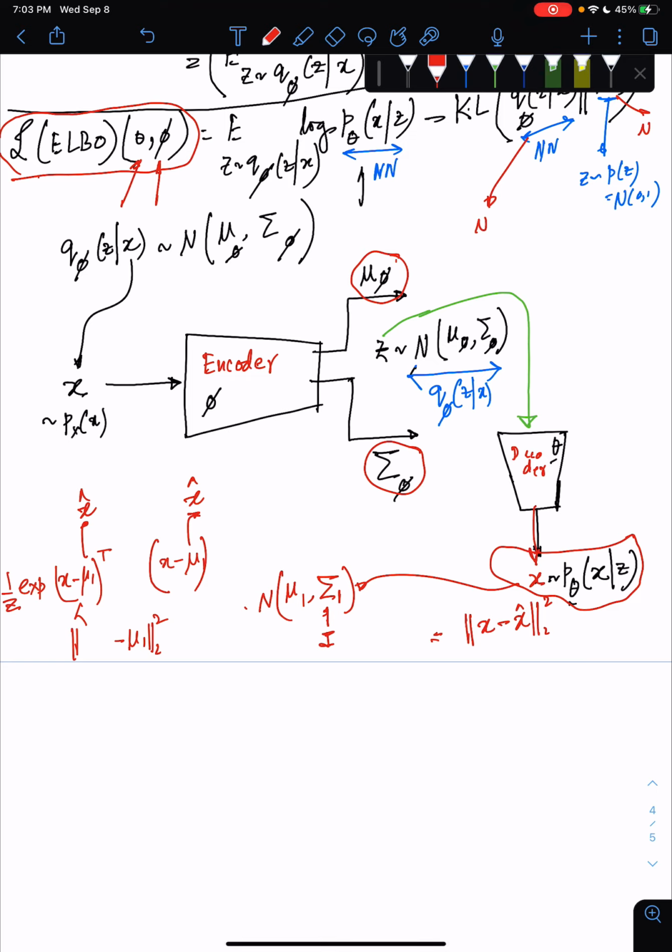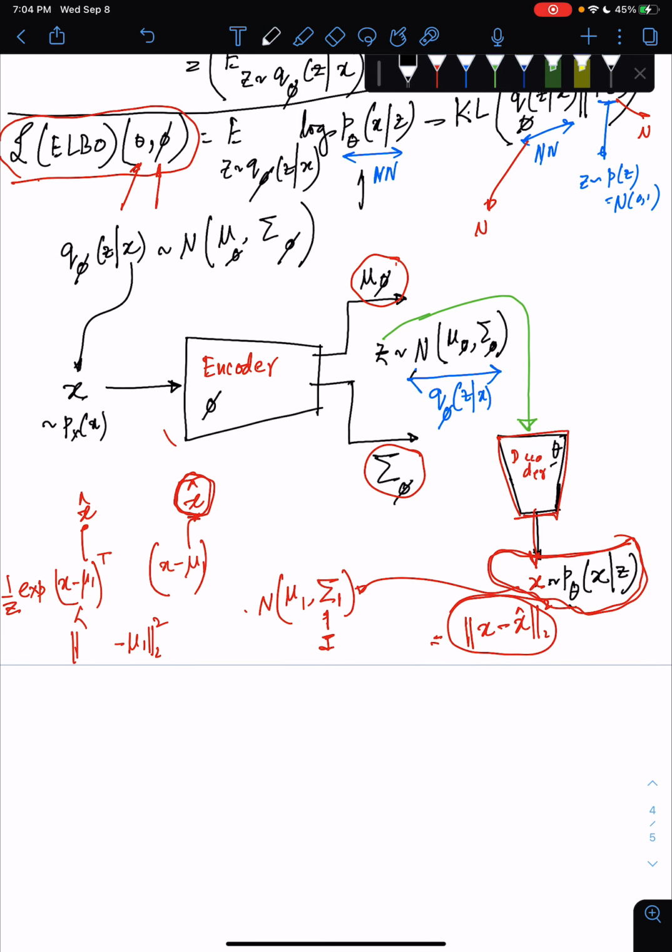So basically, we are estimating the mean from the decoder. From the encoder we estimate both the mu and the sigma, but from the decoder we estimate only the mean, and if we feed this mean into the multivariate Gaussian equation, it will ultimately become something like this.